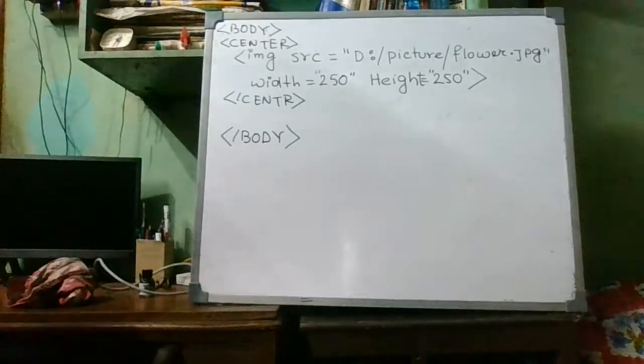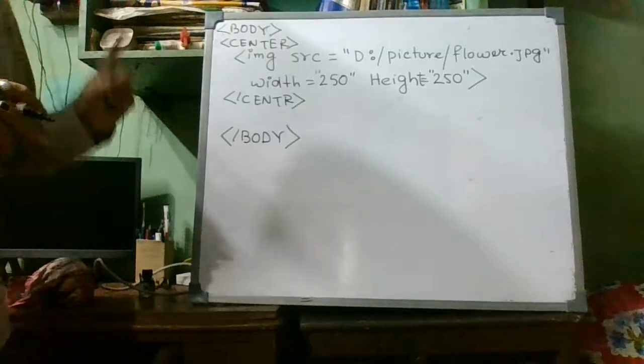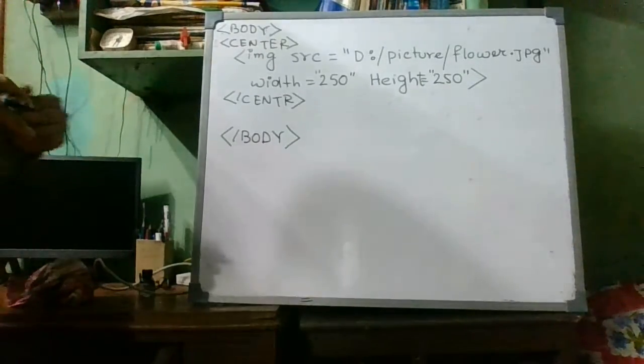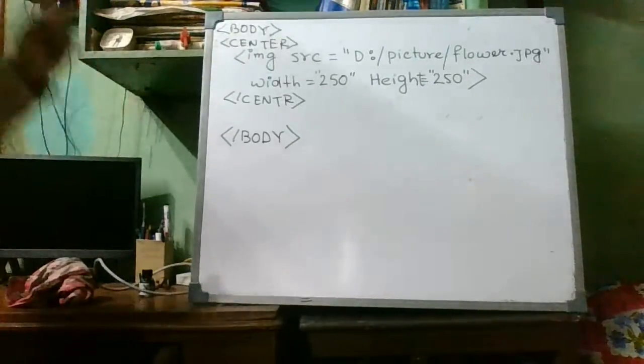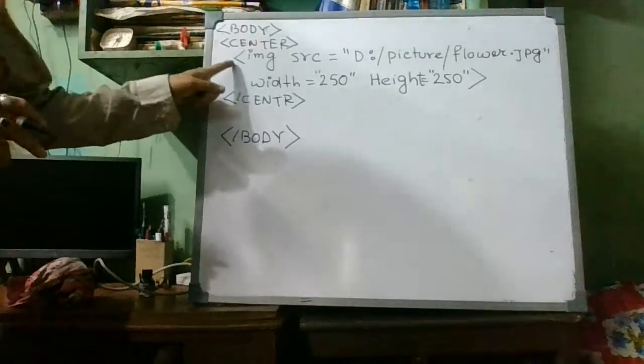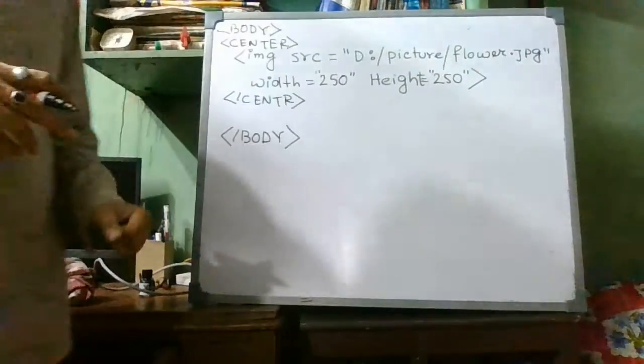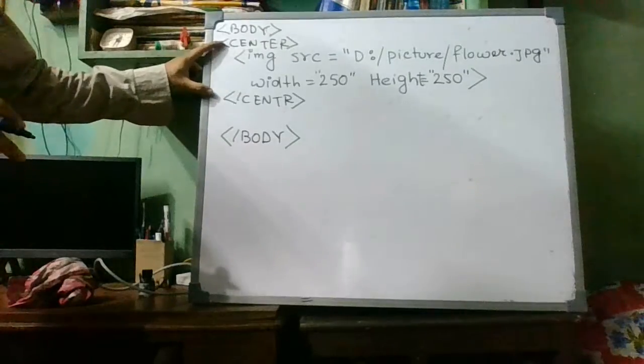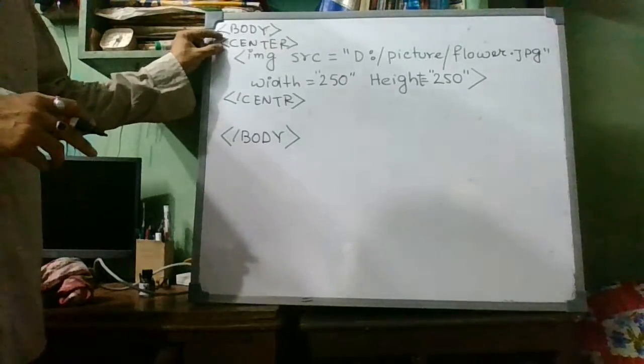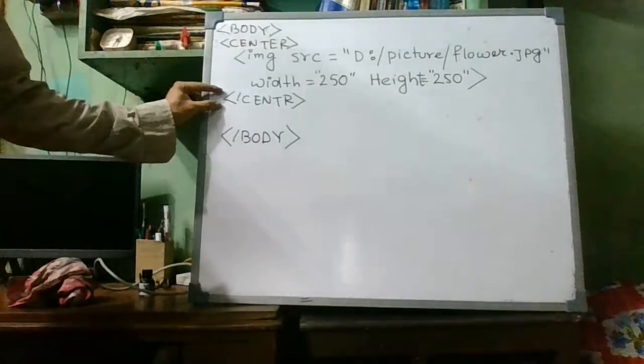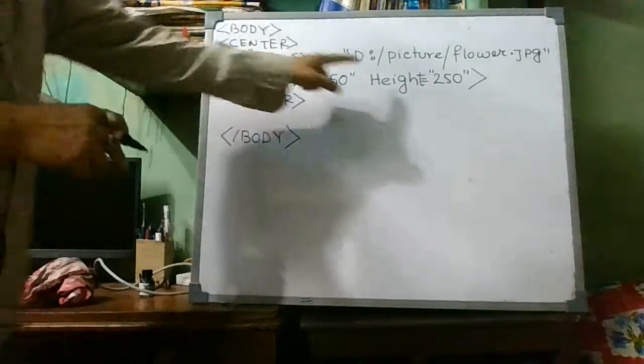So this is one style of displaying your image at the middle of the web page, because the entire image tag is kept within the center tag, that is, the starting center tag and the ending center tag. So the entire image will be displayed at the middle of the web page.